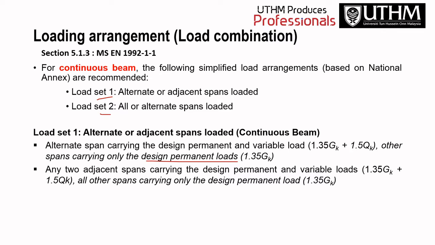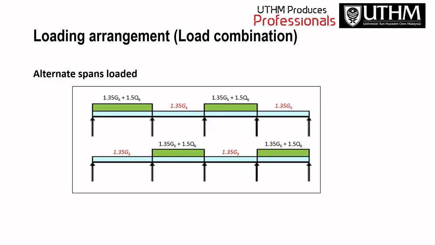design permanent load, okay. So this is the image for it, how you do it. Okay, so for alternate span loaded, you can see that when this span is loaded with the maximum load, this one we only have the design permanent load, so it's alternately put the maximum and the design load.